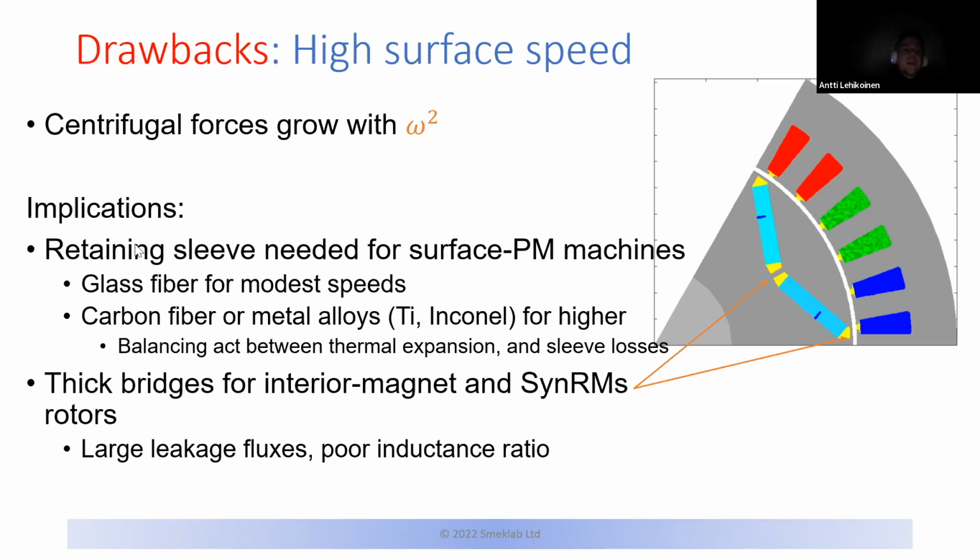but you will need some kind of retaining sleeve on top of the rotor. It can be glass fiber for modest speeds, or if you go beyond 50, 100 meters per second, it has to be either carbon fiber composite or some metal alloy. And both have their own benefits and drawbacks. Carbon fiber is very strong and light, and it's not very conductive electrically.